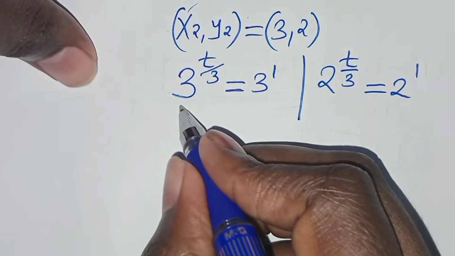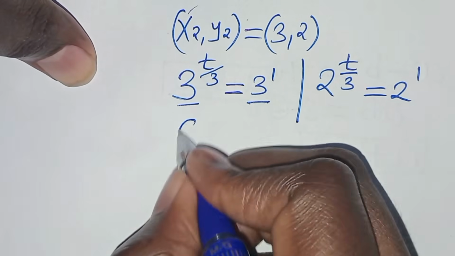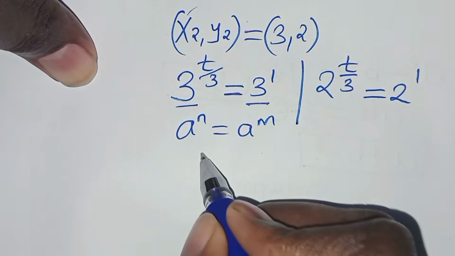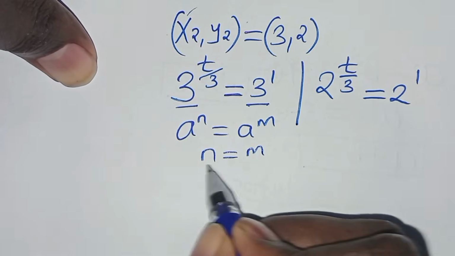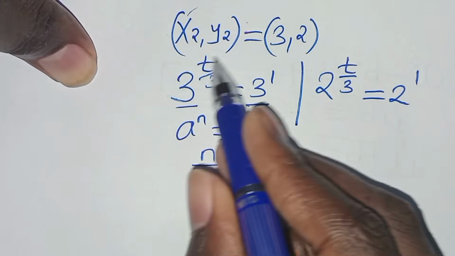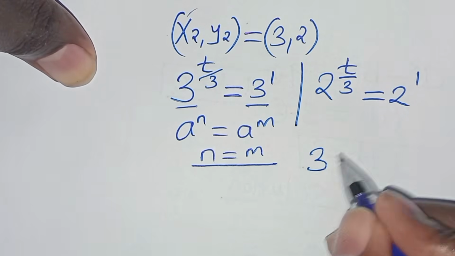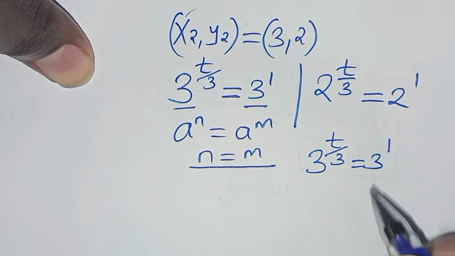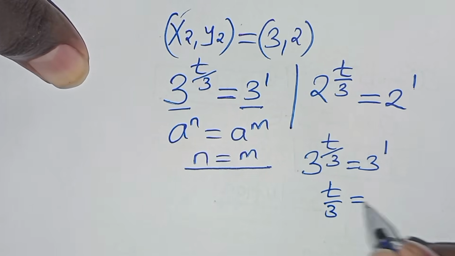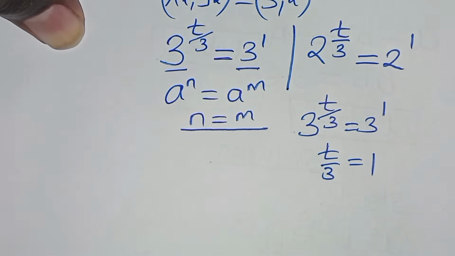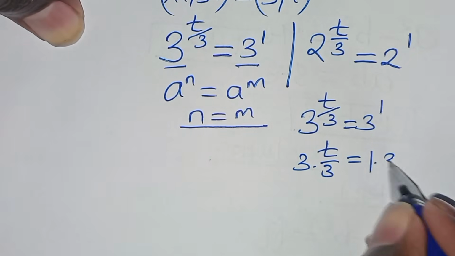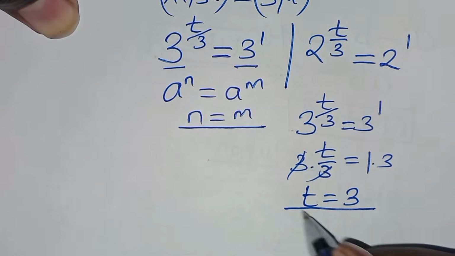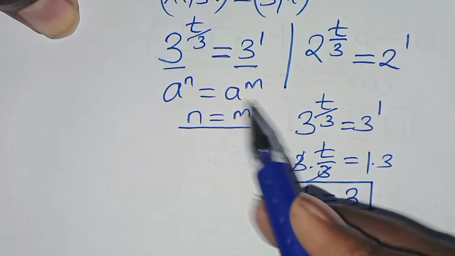Since we have a common base, a to the power of n equal to a to the power of m means that the exponent n is equal to m. So applying this property, from the first part here, we'll have 3 to the power of t over 3 equal to 3 to the power of 1. This implies that t over 3 is equal to 1. Let's multiply both sides by 3, so that now we have the value of t equal to 3. So this is the value of t from the first part here.